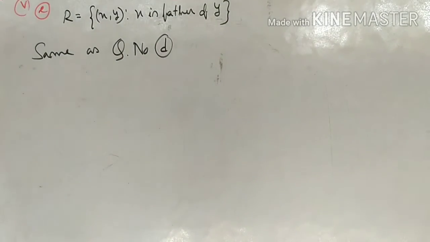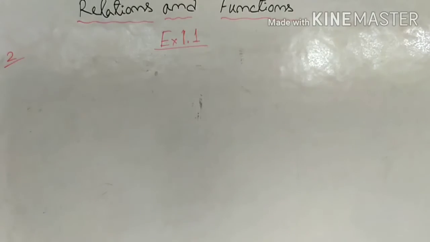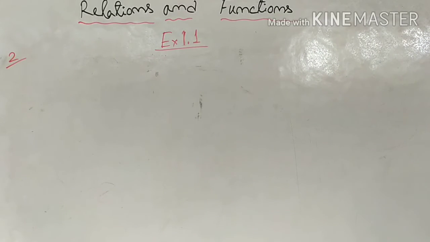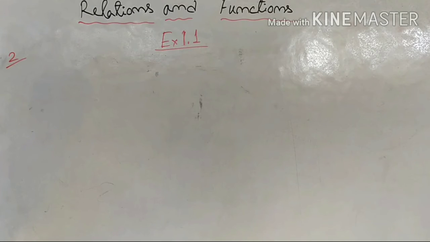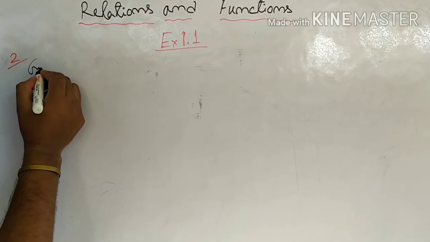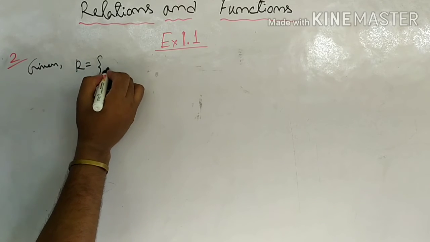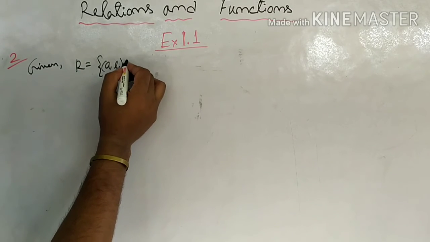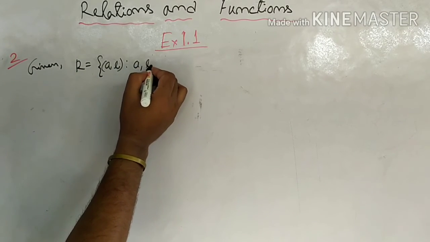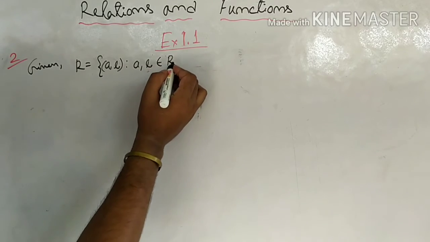Now 2 number question is, show that the relation R in the set of real numbers defined as R equal to (a, b) such that a is less than or equal to b square is neither reflexive nor symmetric nor transitive. So given R equal to (a, b) where a is less than or equal to b square.